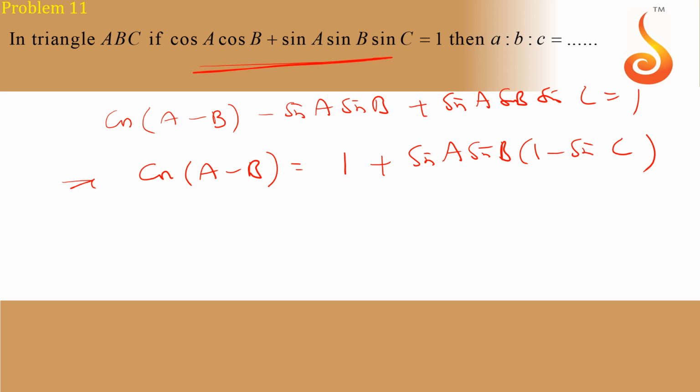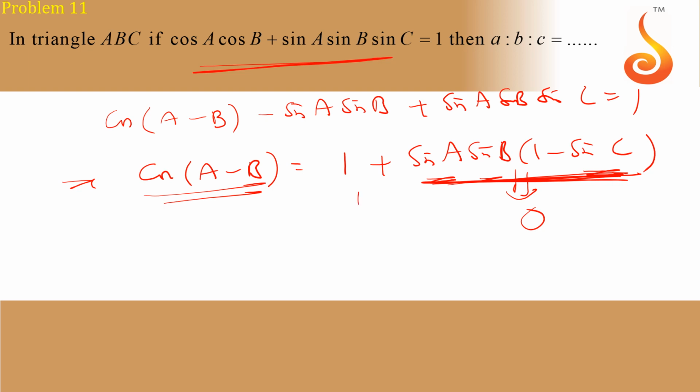Observe carefully. In any triangle, sin A sin B cannot be negative and the maximum value of sin C is always 1. So this total quantity cannot be negative. So 1 plus a non-negative, and that too cos of A minus B whose maximum value is 1. The only possibility is this quantity must be 0.